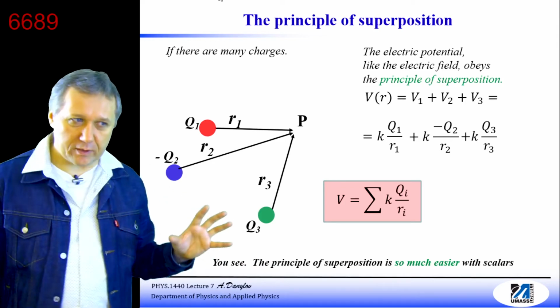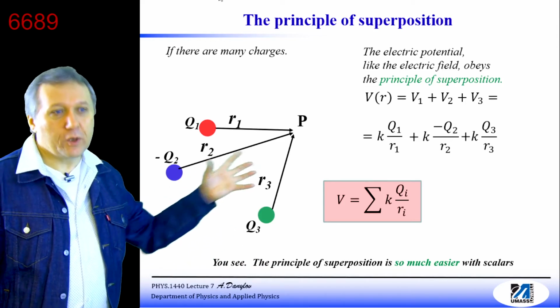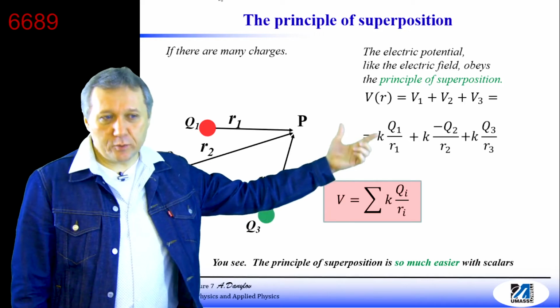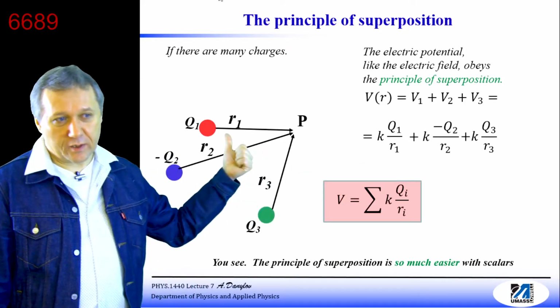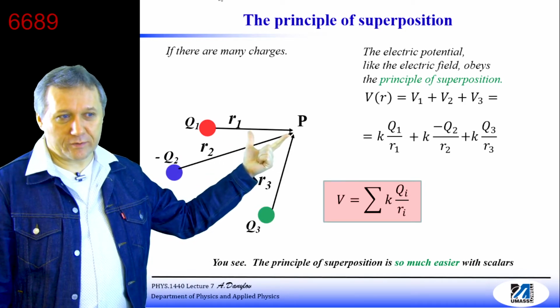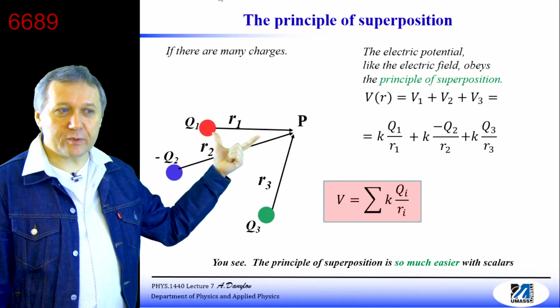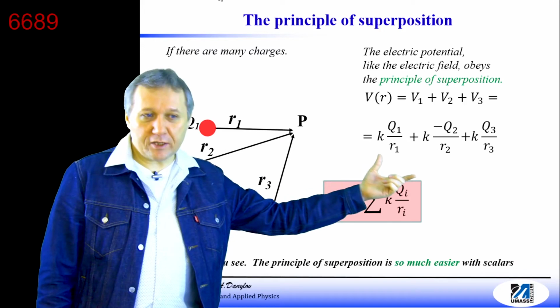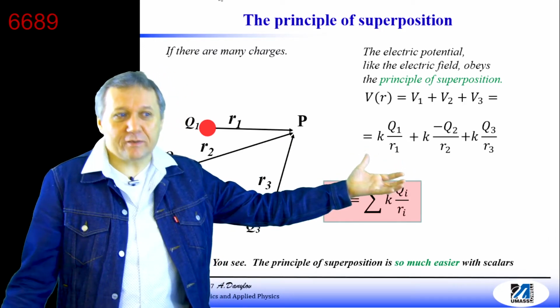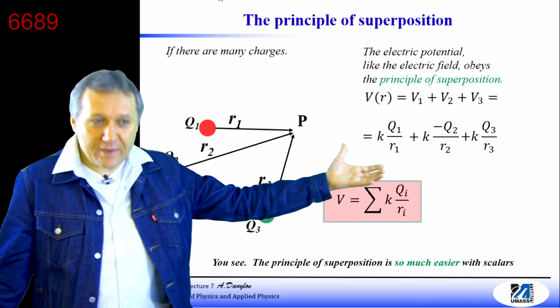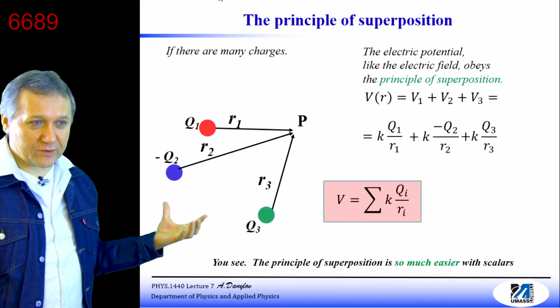Some of you will do it today. The formula is kq divided by r, where r is the distance from the charge to the point in question. That will be the contribution to the net electric potential from the first charge Q1. It's just a number. Let's say it will be 5. Then do the same with the second charge.